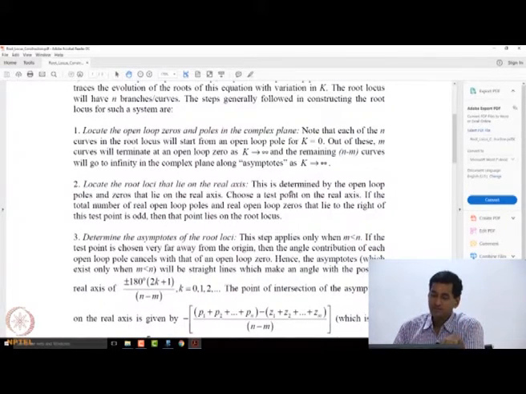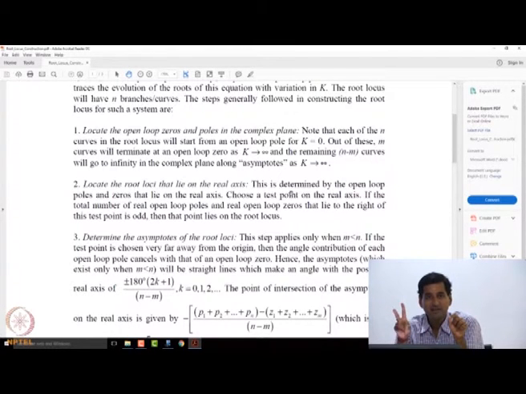Now, locating the portion of the root loci that lie on the real axis, obviously this step is going to change, because if you recall how we constructed this step, it depended on the angle condition. Previously, in order to get an odd multiple of pi, we looked at a test point on the real axis and looked to the right of the test point.